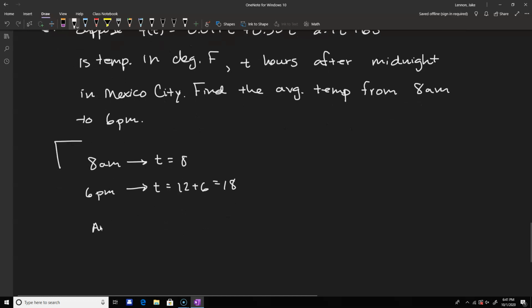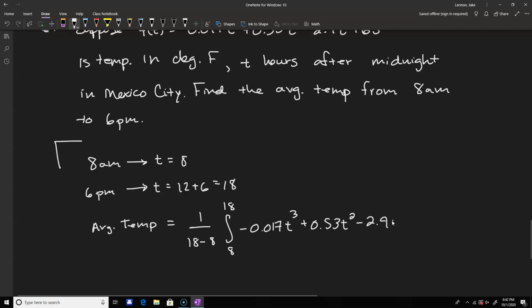So for the average temp, we're using the average value formula for the function. Remember, we do 1 over b minus a, which in this case is 1 over 18 minus 8. And then we integrate from 8 to 18, plugging in our function, which is negative 0.017t cubed plus 0.53t squared minus 2.9t plus 65 dt.